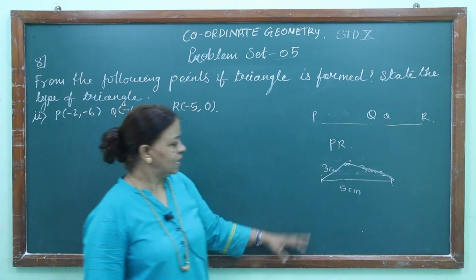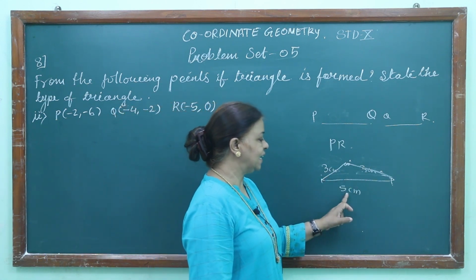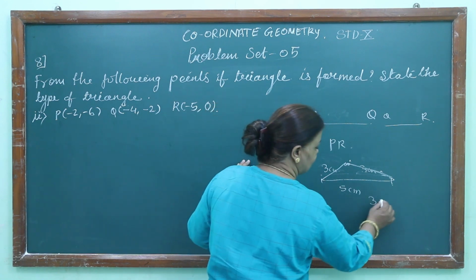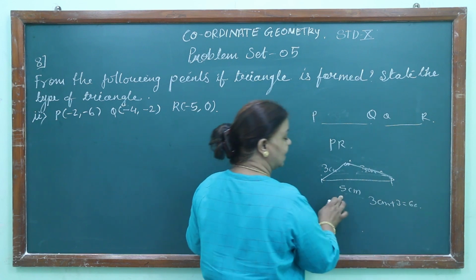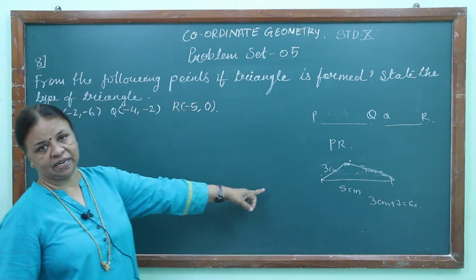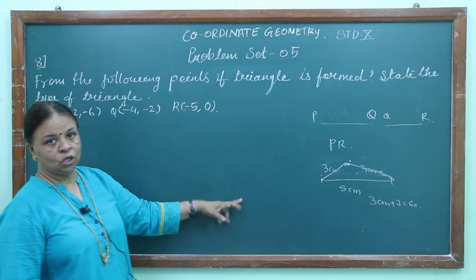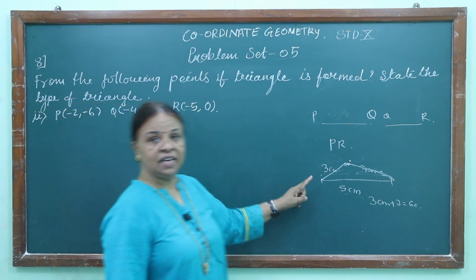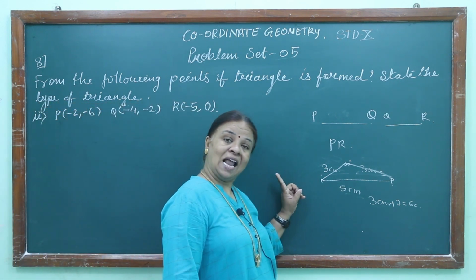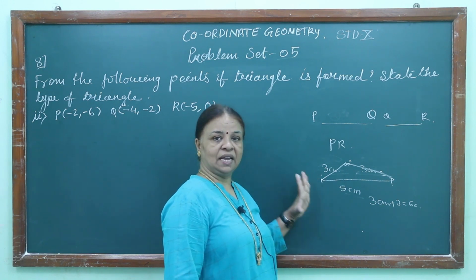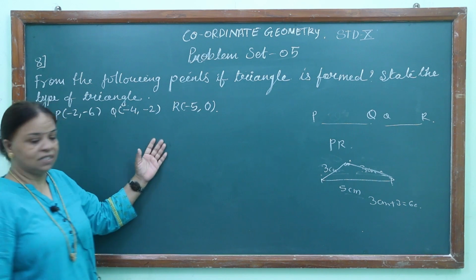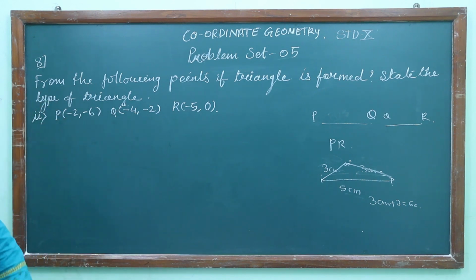Because the sum of their lengths is greater than this. For example, 3 plus 3 is equal to 6 and 6 is greater than 5, and therefore it will form a triangle. Clear? So when the sum of two sides is greater than the largest side, it forms a triangle. Let us see which is the largest side and which kind of triangle it forms.